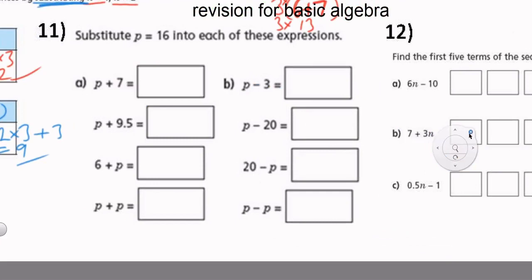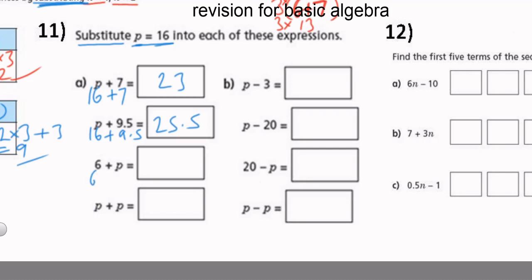Question 11 now. This time we're substituting, replacing p with the number 16. 16 add 7, 23. Here we got 16, add the 9.5. Well, 16 add 9 is 25, 25.5.